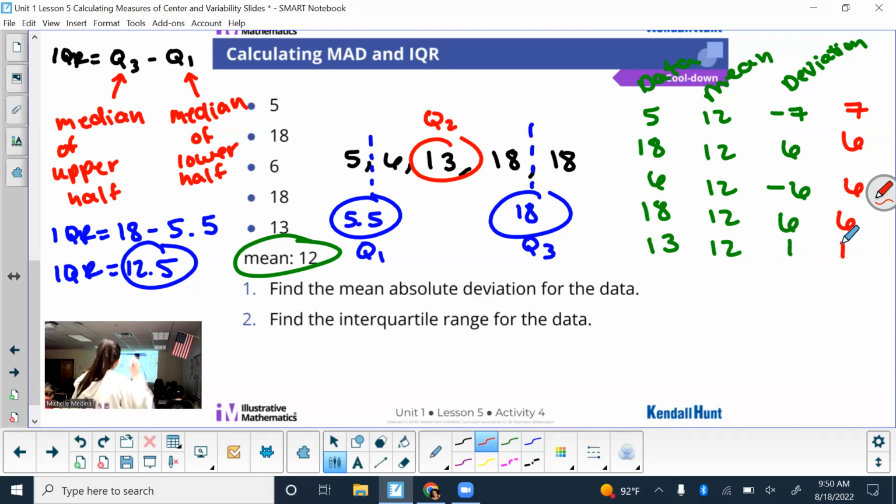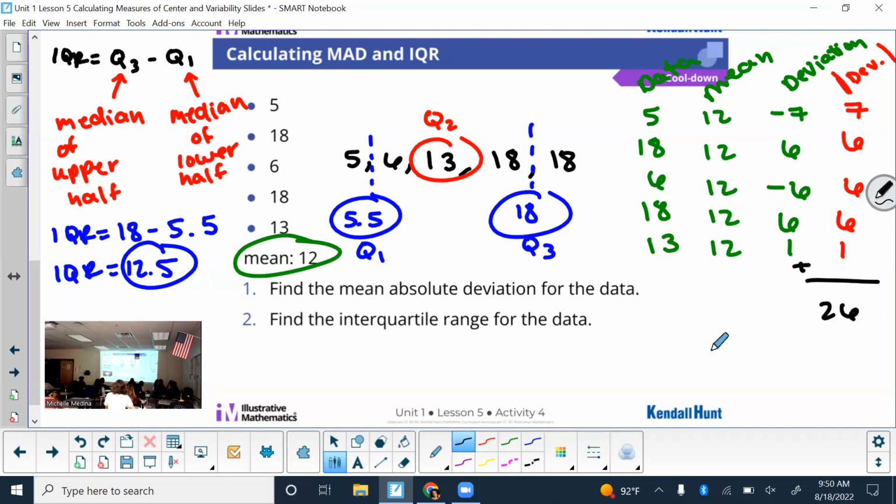Good. And then when you're doing your mean absolute deviation, because that's what this part is, I'm just abbreviating, we took the absolute value of the deviation. You're adding up this last column. I can do this in my head: 6 times 3 is 18, plus 1 is 19, plus 7 is 26. But use a calculator on your quiz. 26.